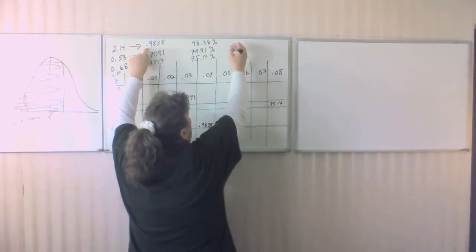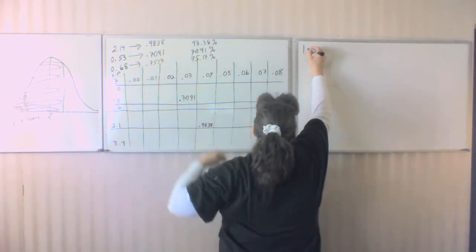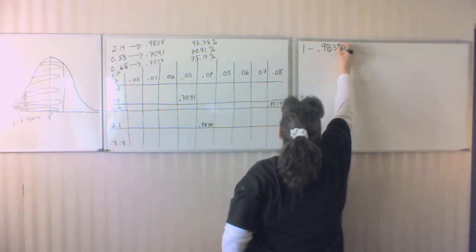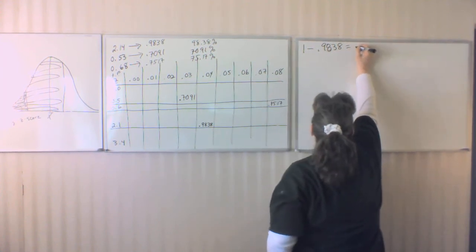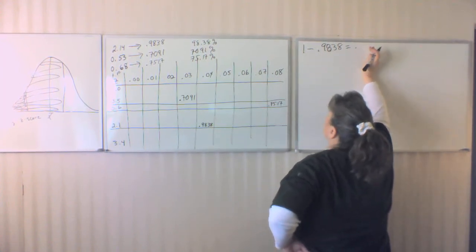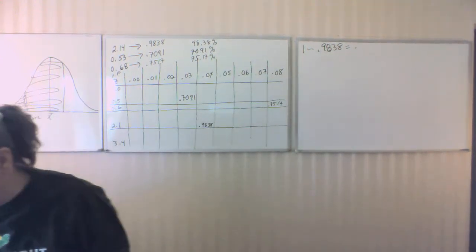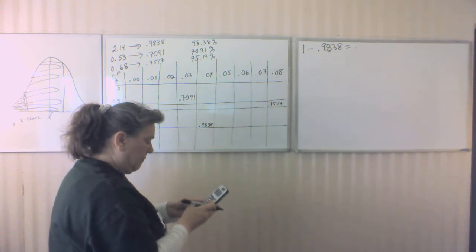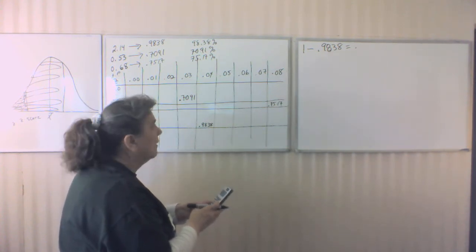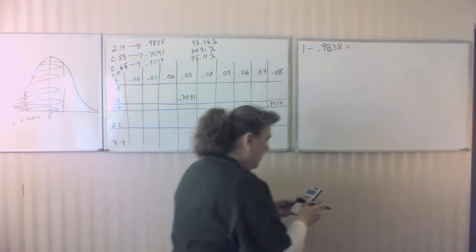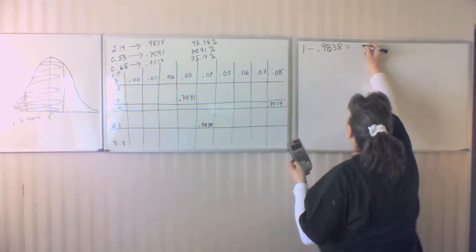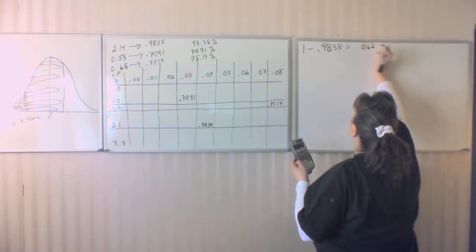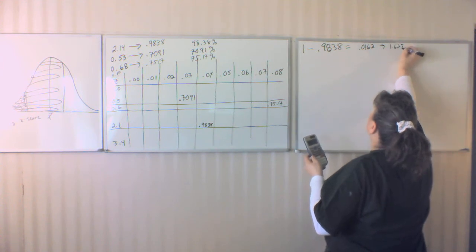Well, it would be 1 minus 0.9838, which is going to equal 0.0162, or 1.62%.